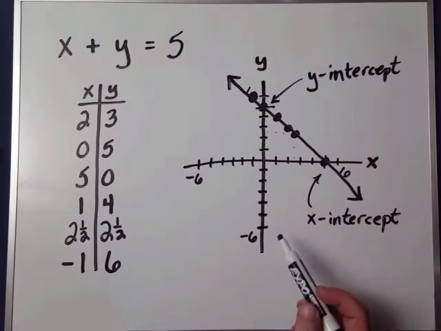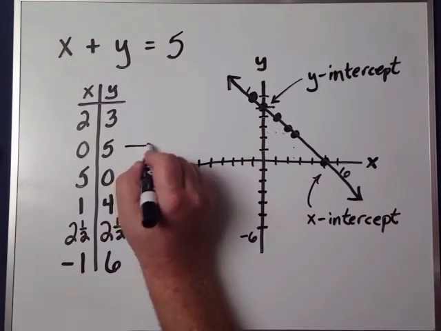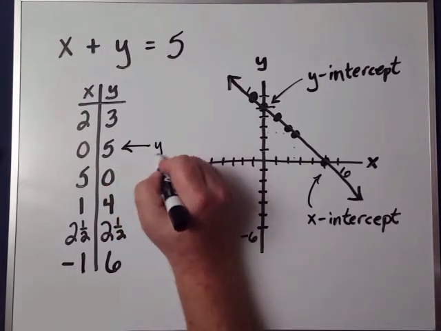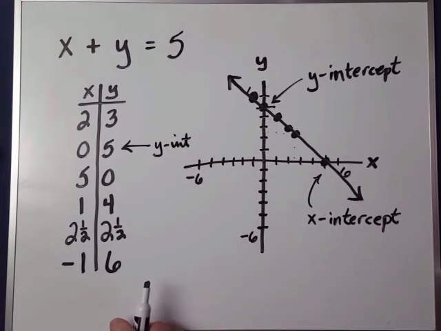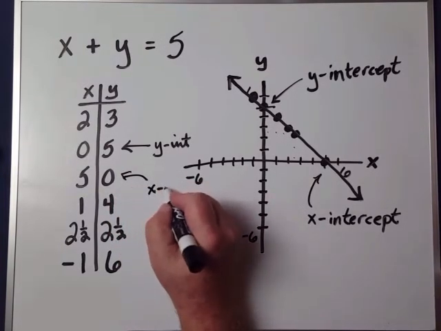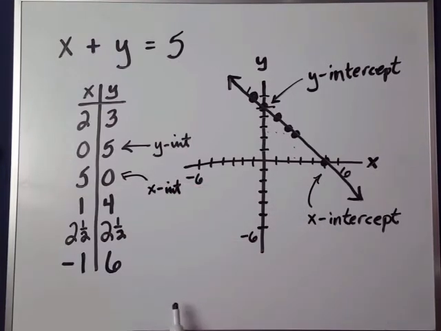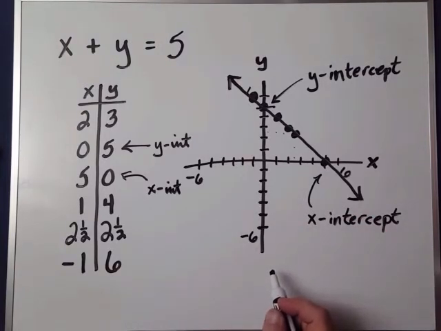Your y-intercept will always be a point where x is 0. To be on the y-axis, the point must have an x-coordinate of 0. And your x-intercept will always have a y value of 0. When y is 0, you are on the x-axis.